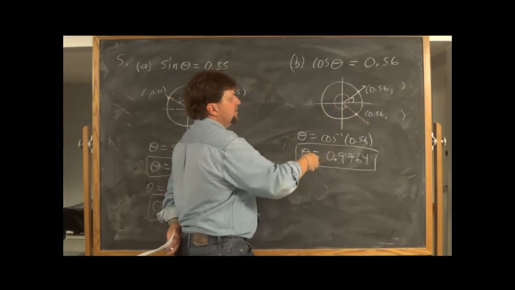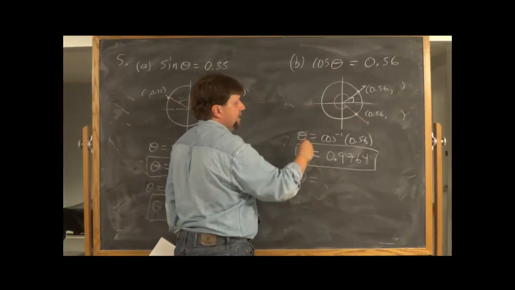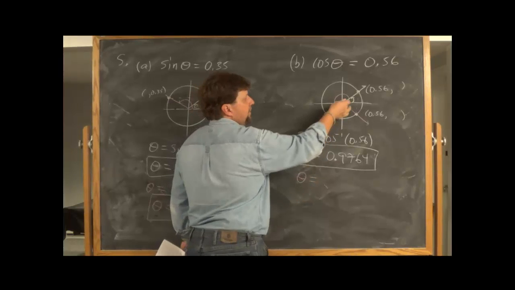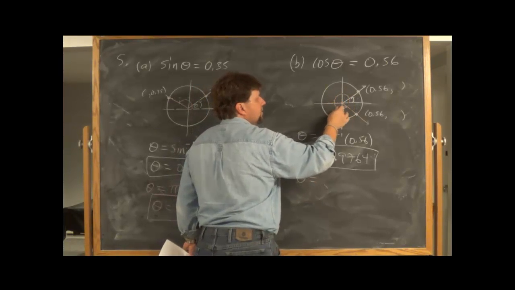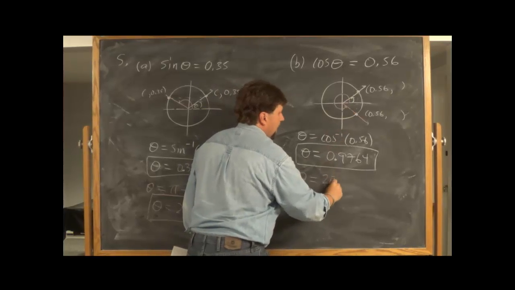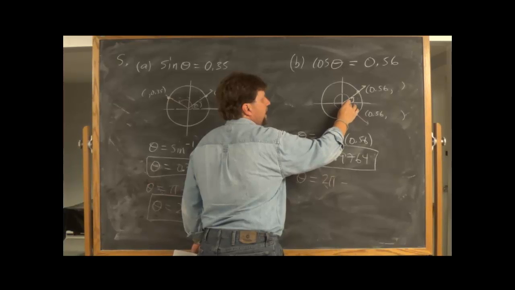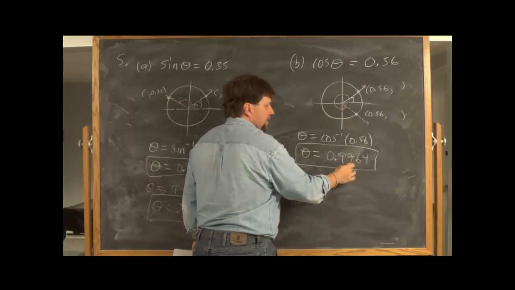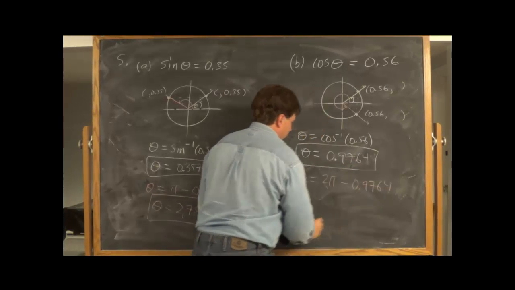So to get that angle that I've sketched in the rose-colored chalk, I would make one complete trip around the unit circle, which is 2 pi, and then subtract off this little angle measurement here, 0.9764.